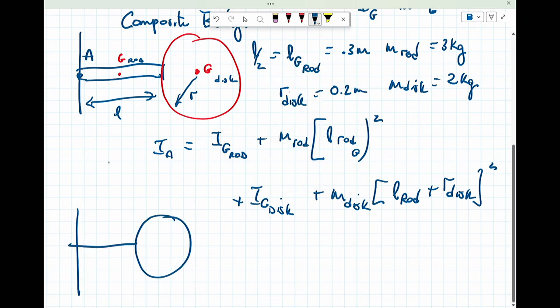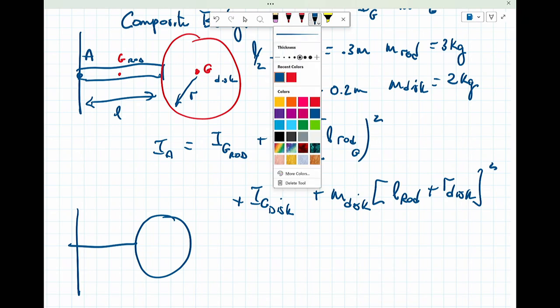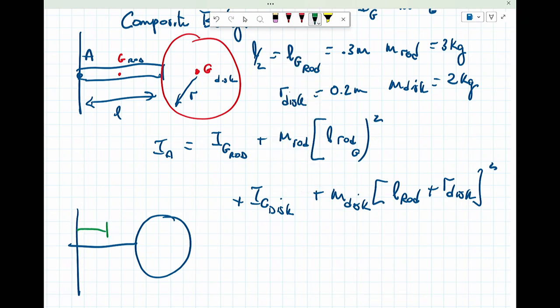So if I'm dealing with something like this, I would look at it and say x bar for the rod and x bar for the disk.